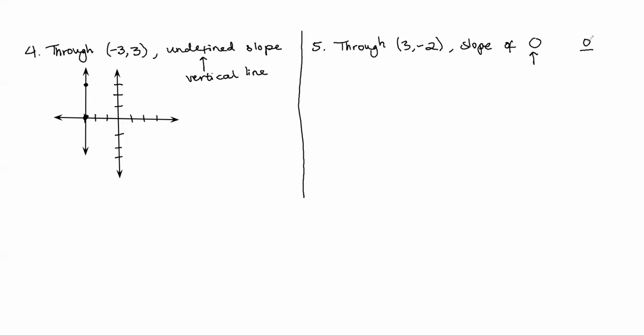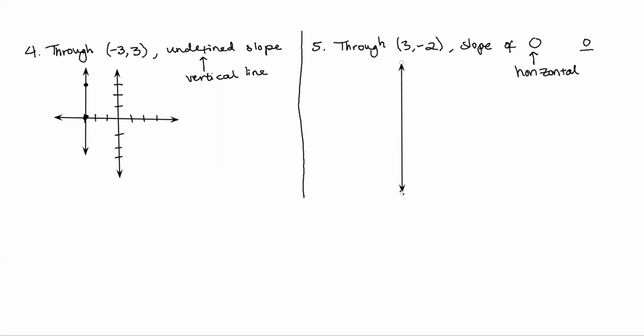So this means that our rise is 0, so there's no vertical change. No vertical change means that we have a horizontal line. Or you can just remember 0 slope means horizontal. However you want to do these, kind of reasoning through it or memorizing, that's perfectly fine.